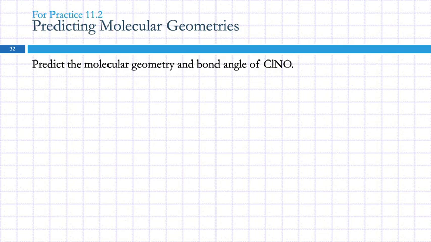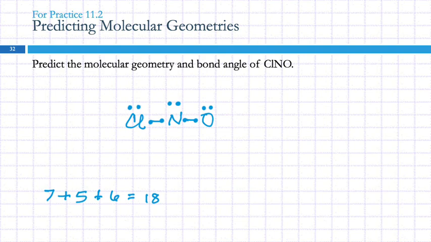Predict the molecular geometry and bond angle of ClNO. Let's start with the Lewis structure. 5 electrons from nitrogen, 7 from chlorine, 6 from oxygen. I believe that's 18. And we've got bonds here: 2, 4, 6, 8, 10, 12, 14, 16, 18.